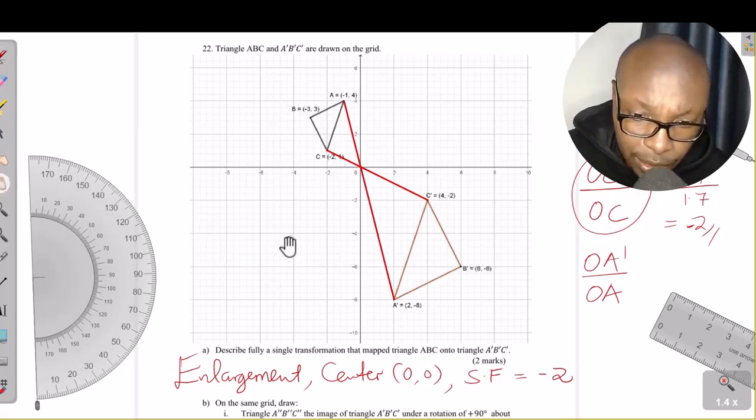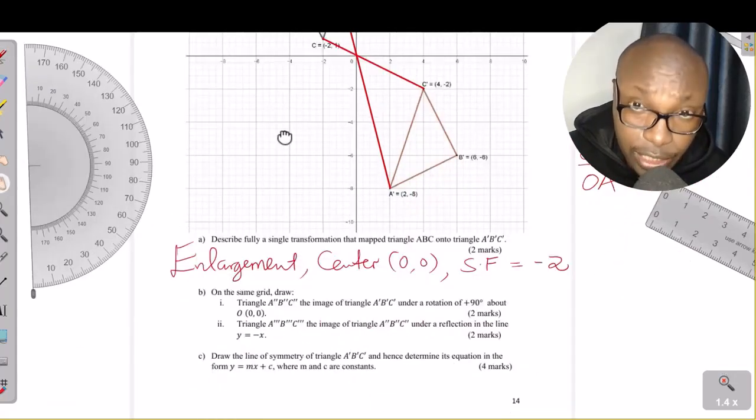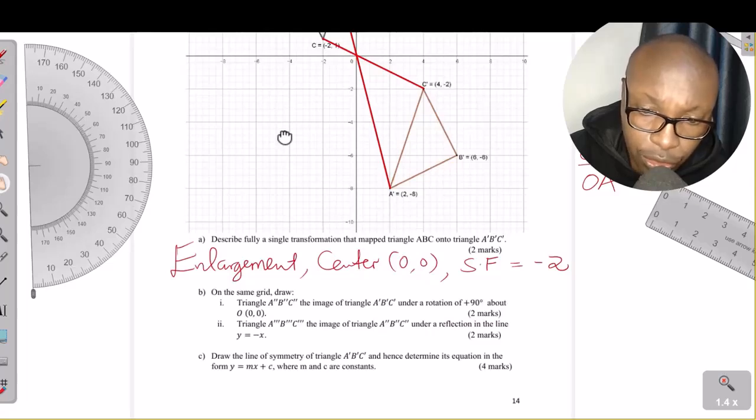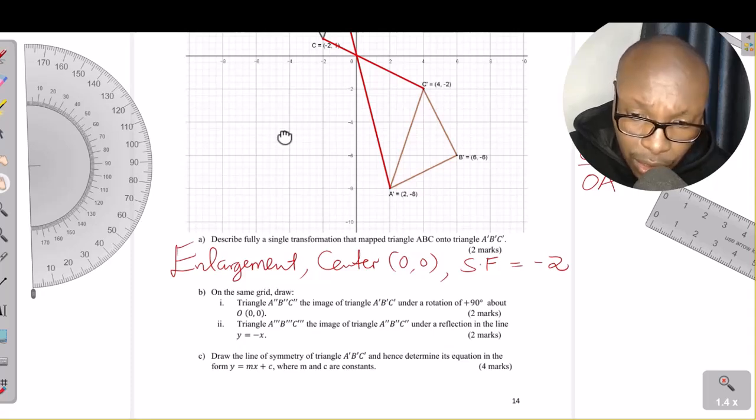The next part is on the same grid, that is part B. On the same grid, draw triangle A double prime, B double prime, C double prime, the image of triangle A prime, B prime, C prime under a rotation of positive 90 about the origin. So now we're supposed to get the image of A prime, B prime, C prime.